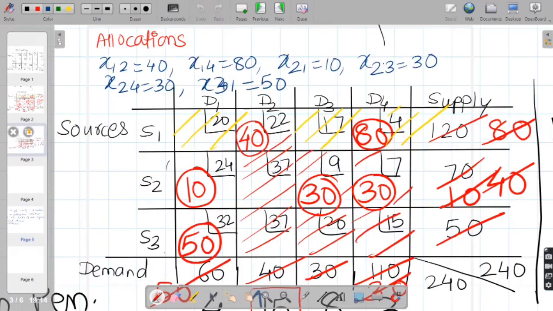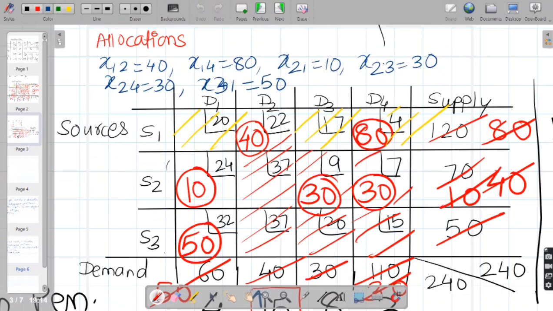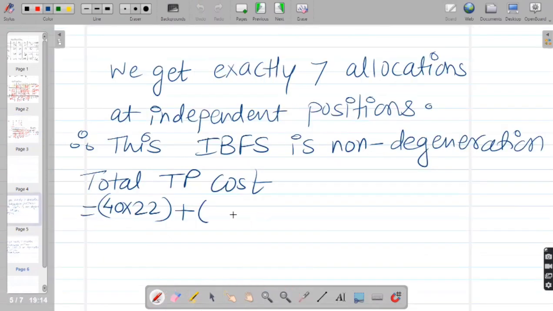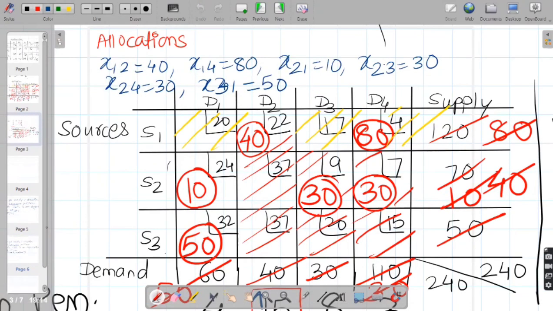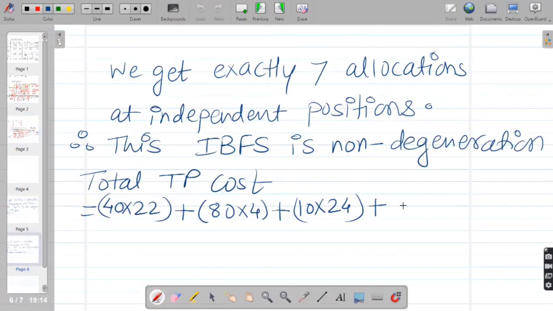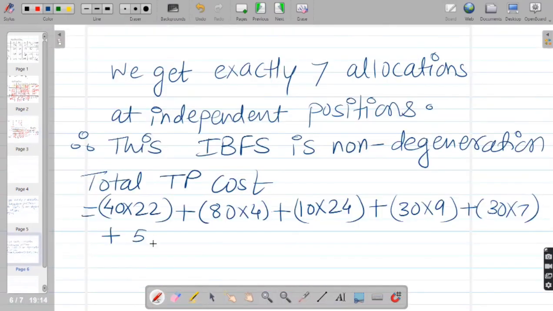Plus 80 into 4, plus 10 into 24, plus 30 into 9 plus 30 into 7, plus the last one we have got is 50 into 32.